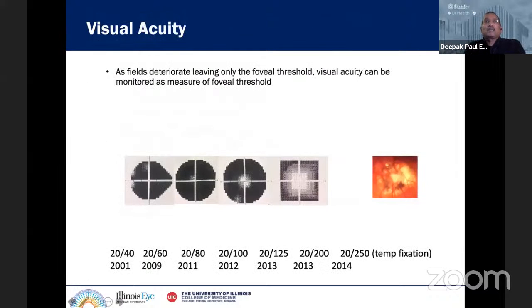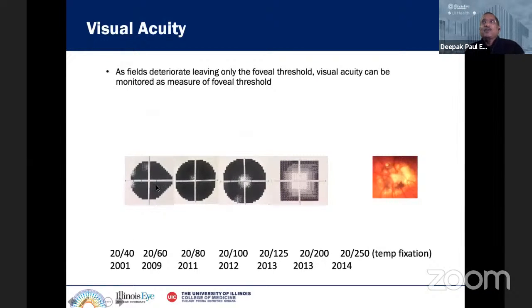So here's a patient. Visual acuity in these patients becomes an important way to look at visual field deterioration. Here you see a patient in 2001 with 20/40 vision. Vision is getting worse. The field has changed, it's fluctuating, but things have gotten worse.